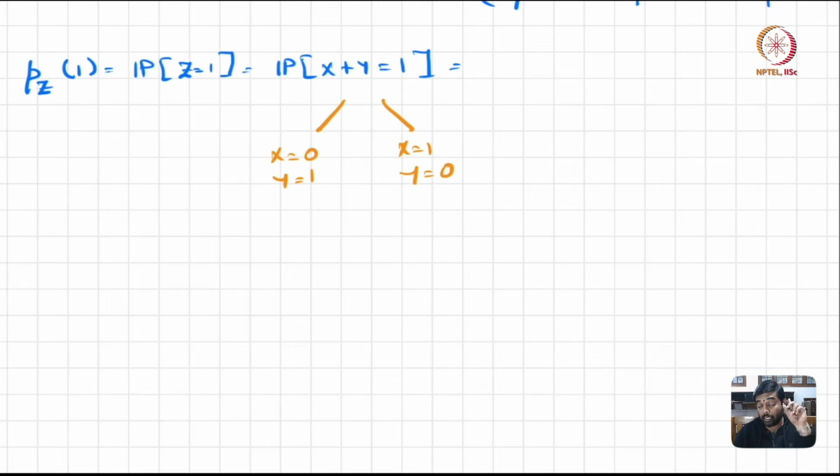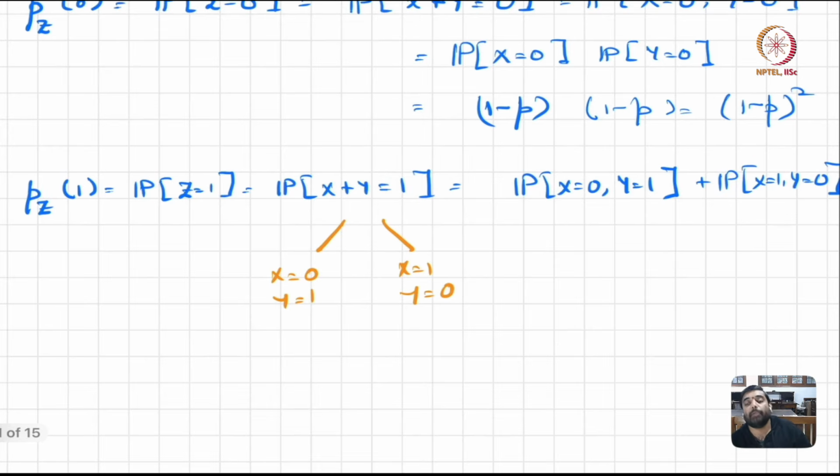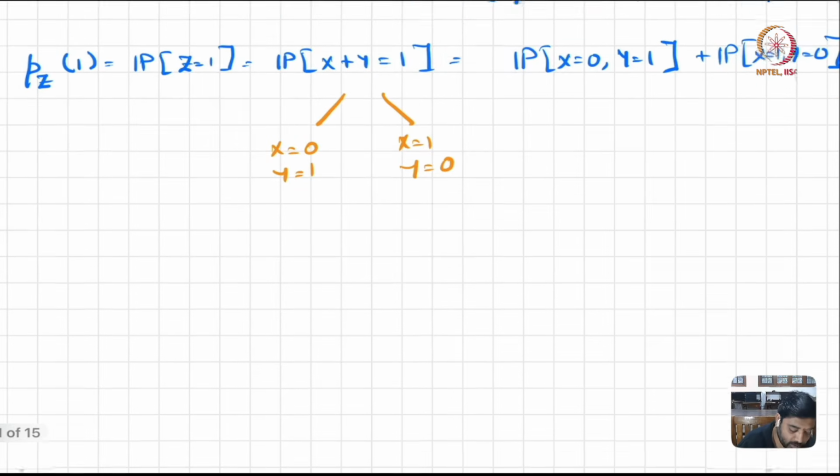Now, recall the axioms. Whenever you have disjoint events, you can add them. This is the probability that X is equal to 0, comma, Y is equal to 1, plus the probability that X is equal to 1, Y is equal to 0. Now I think from here you are capable enough to take it.